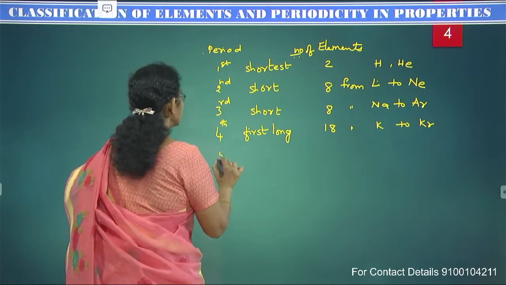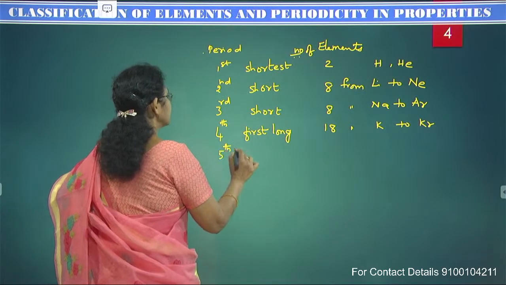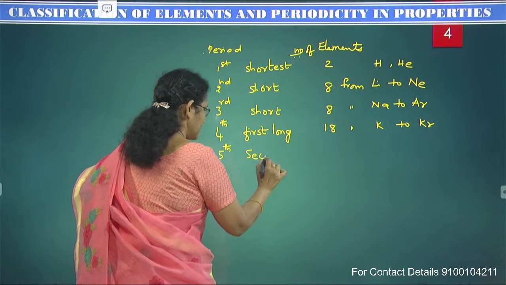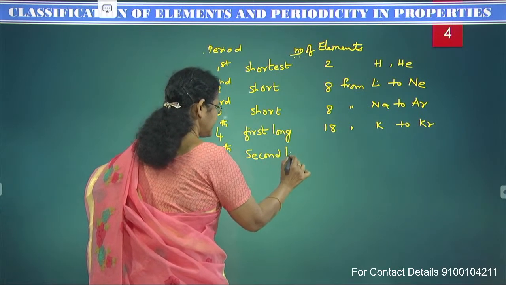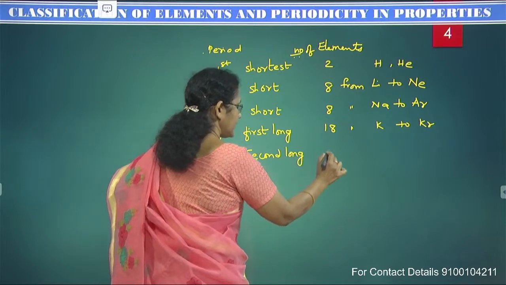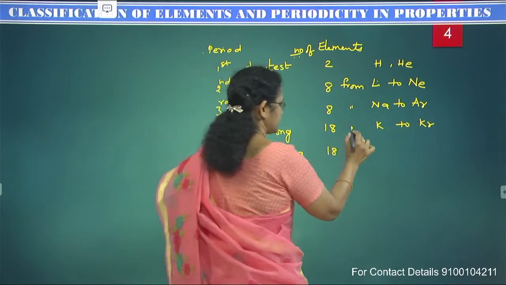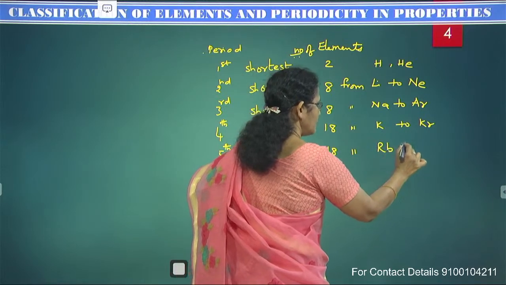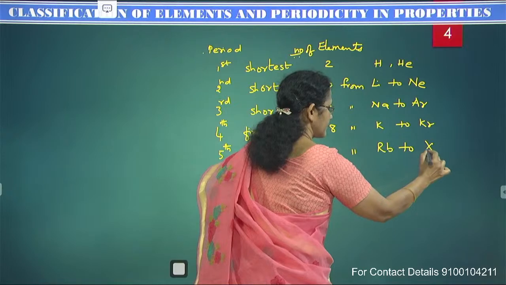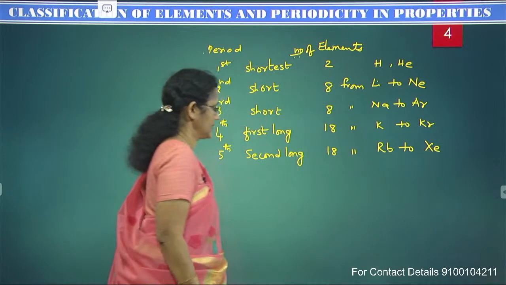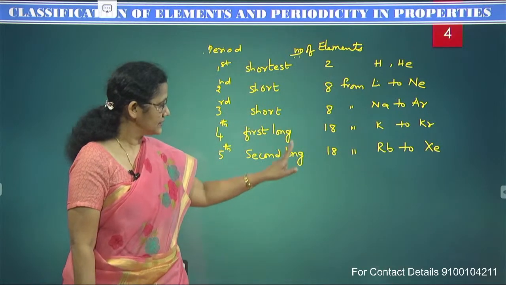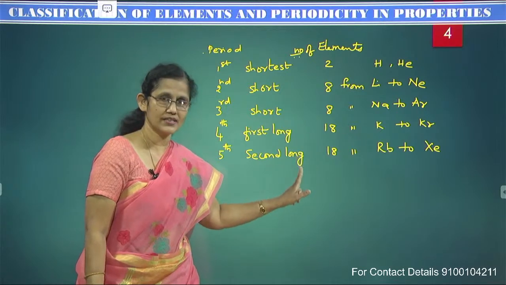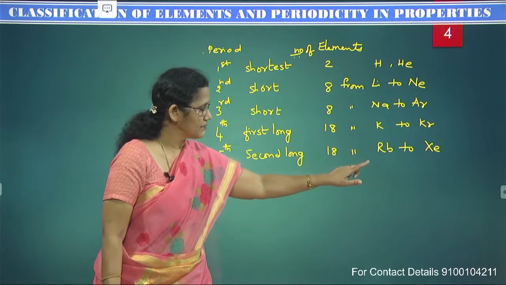Fifth period, the second long period with 18 elements from rubidium to xenon. In these 18 elements, 2 belong to S block, 6 are in P block, 10 are in D block.